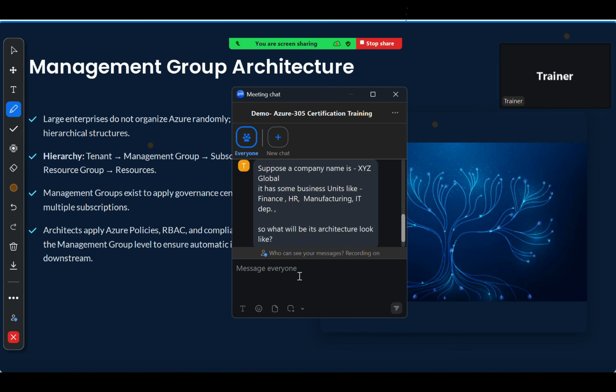So it will be the tenant, then obviously finance, then HR, then manufacturing, then your IT department.